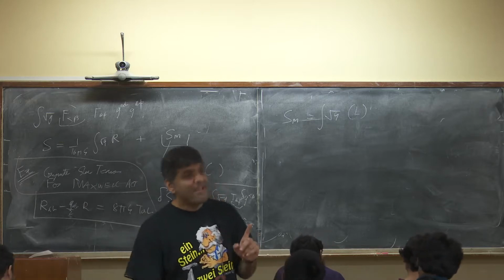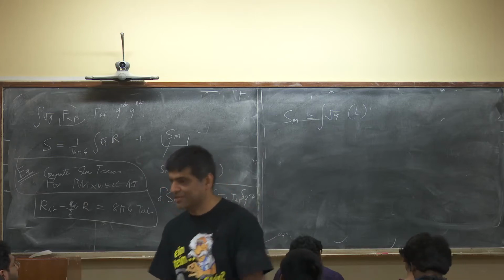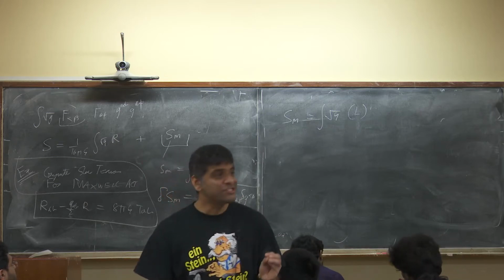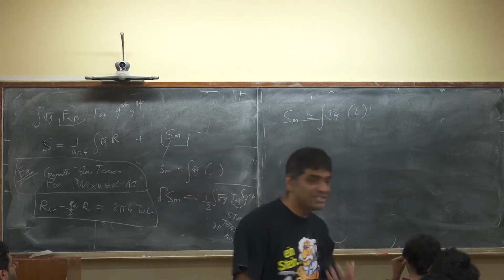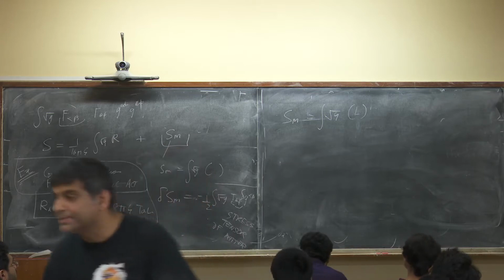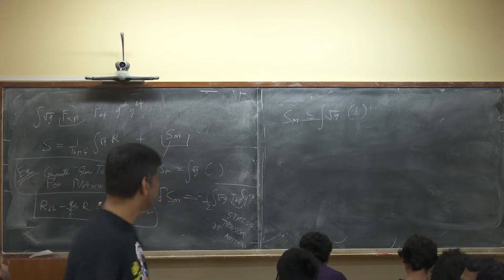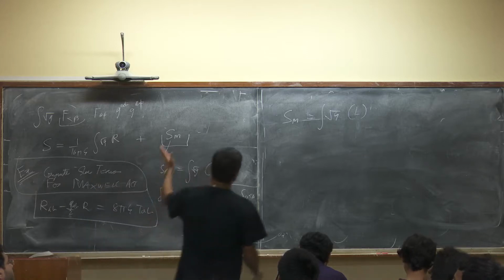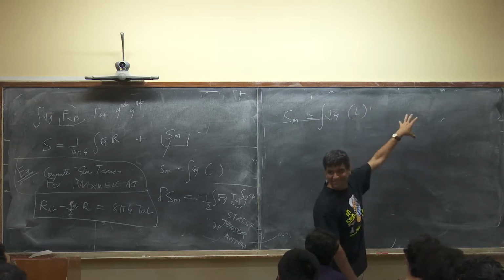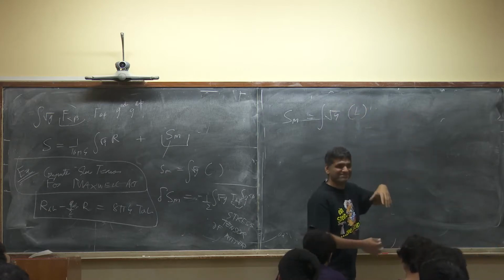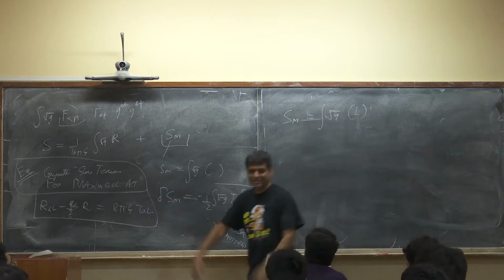That means that if every field in the action changes by its Lie derivative, as it does under an infinitesimal coordinate transformation, then the whole action will transform like a total derivative, and the whole action here will be invariant.